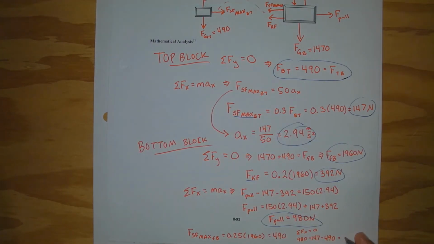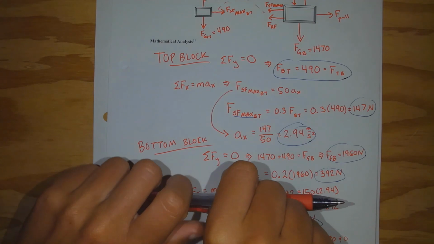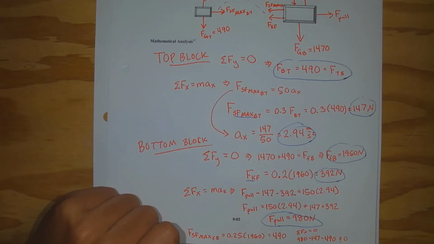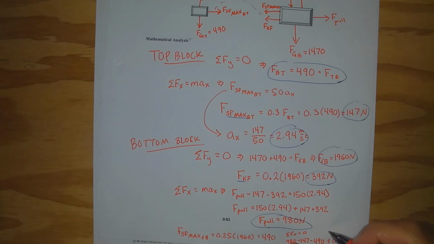So this is supposed to be equal to 0, but it's not. So we have 980 minus 490 minus 147, which is 343. So you still have a net force going this way, which means that the maximum value for the force of static friction is not large enough to keep the boxes from moving. So that's good. So yes, we can say it does move if they start from rest and he exerts a force of 980 newtons.